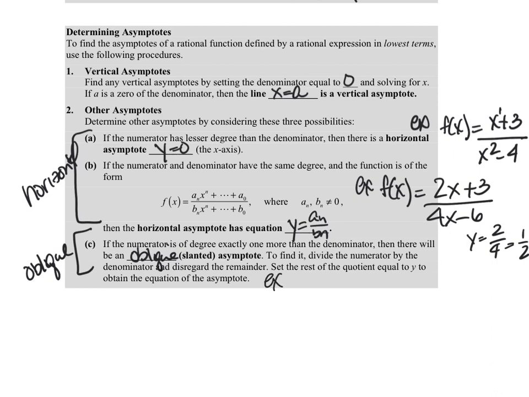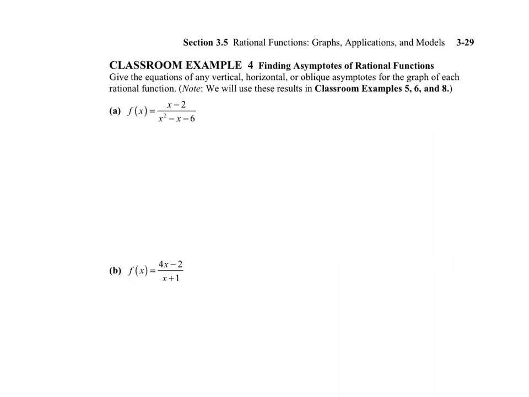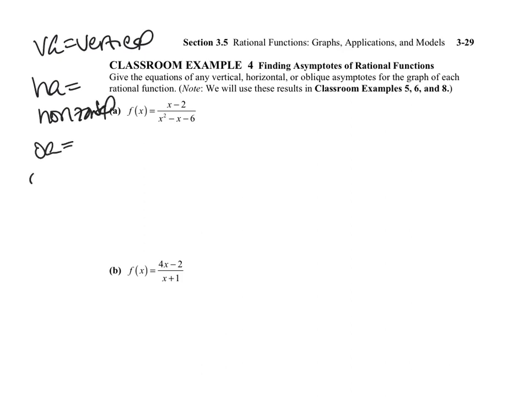An example of this is x squared plus 5x plus 6 over x minus 3, because 2 is exactly one more than 1. Okay, this is how these are going to work. So I'm going to use VA for vertical asymptote, HA for horizontal, and OA for oblique.